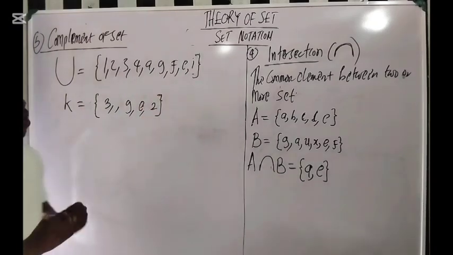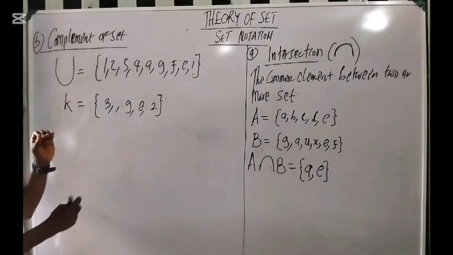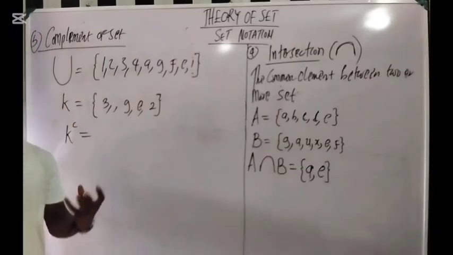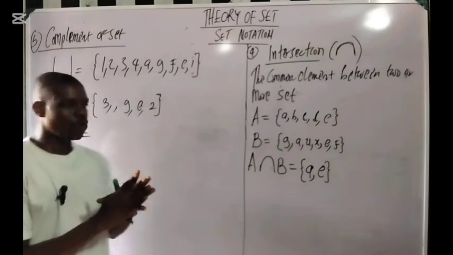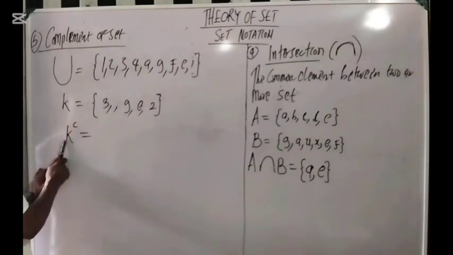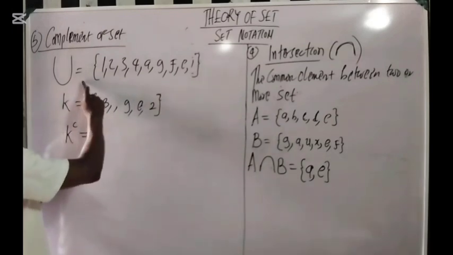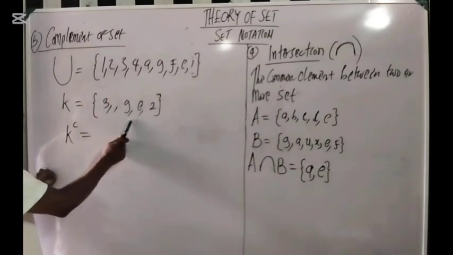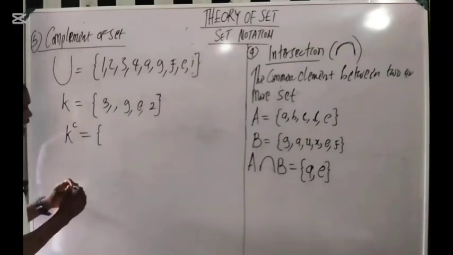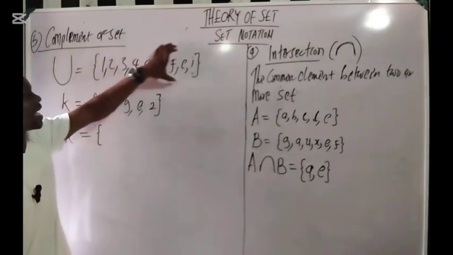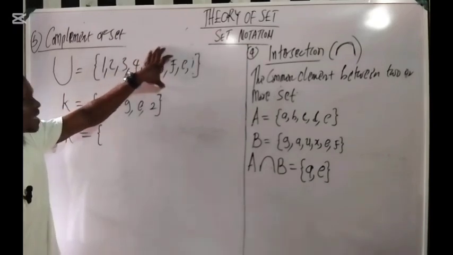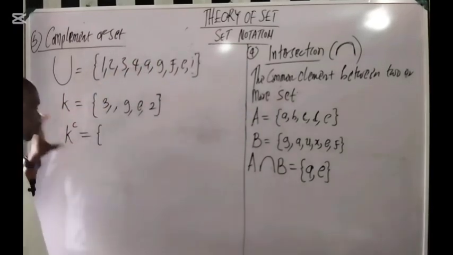So if they ask, what is the complement of the set? The symbol is going to be K C, that's called the complement of a set. So you ask yourself, this is the set, and we want to look for the complement of this set, right? What are the elements in the universal set that are not in this given set? That is going to be the complement. So the elements or members in the universal set that are not here are called complements.